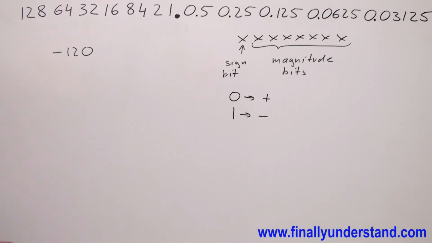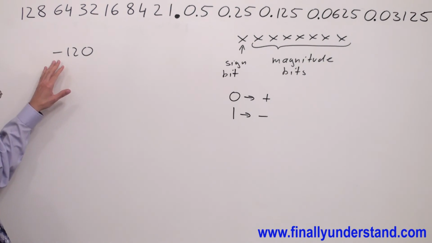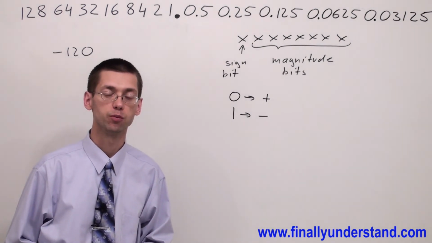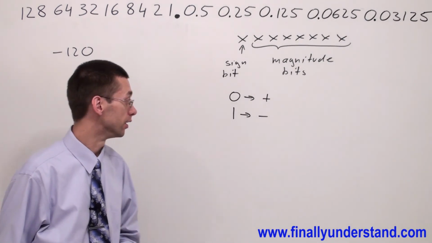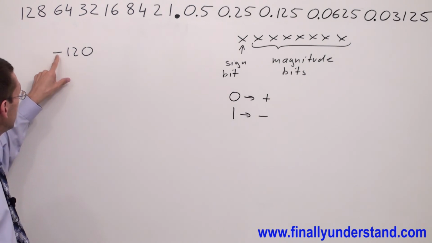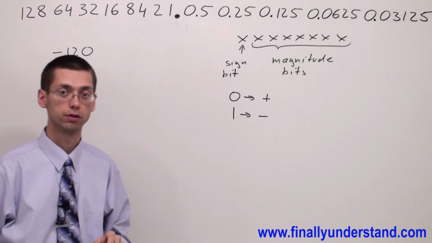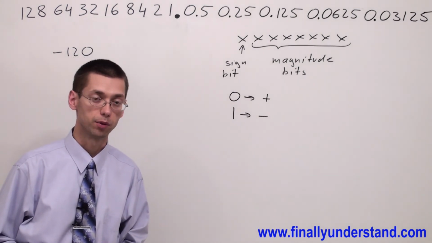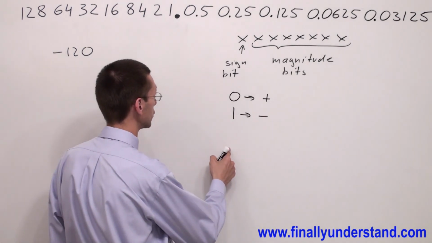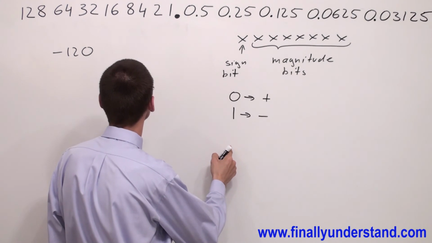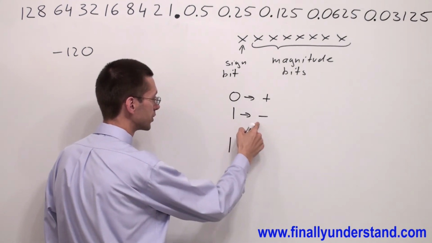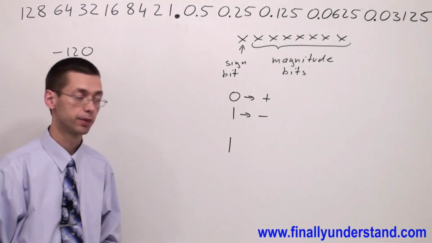Let's take a look at the next example. This time we're supposed to express negative 120 as an 8-bit sign magnitude number. Please notice that this time I have a negative sign at the front of my decimal number. It means that the very first bit of my answer, the leftmost bit, is supposed to be 1, because 1 represents the negative sign.